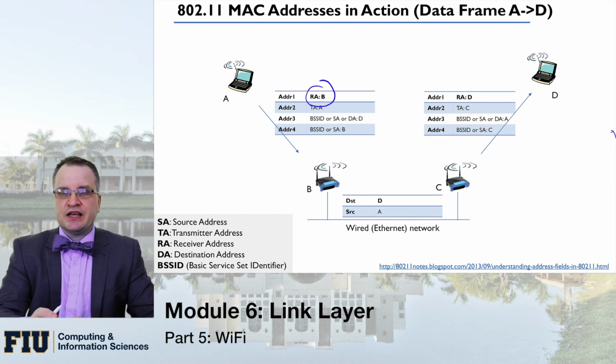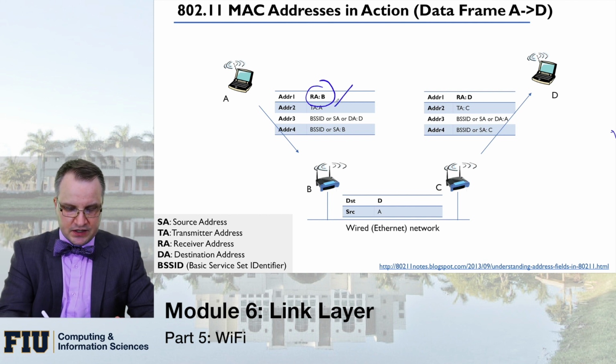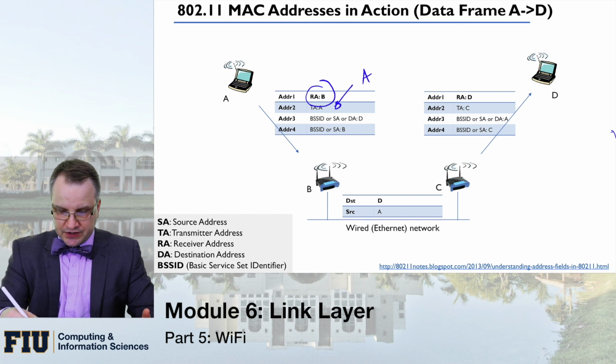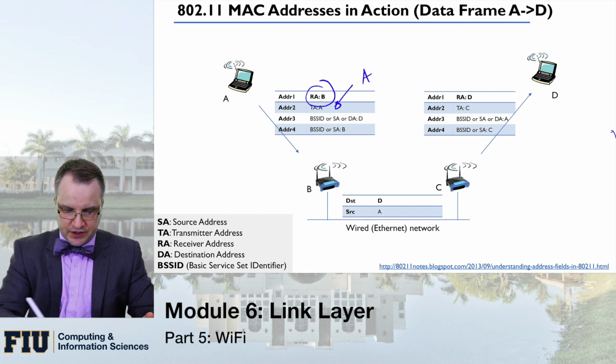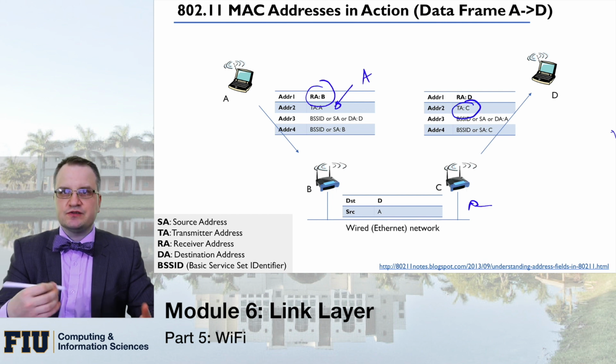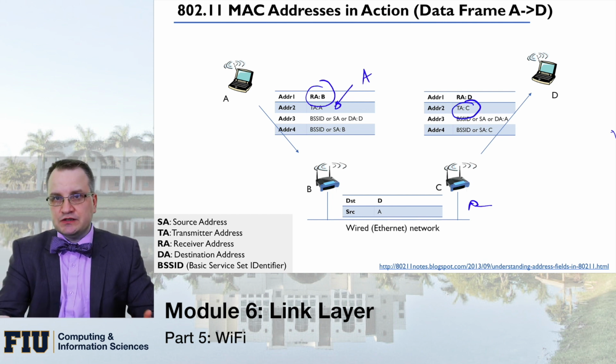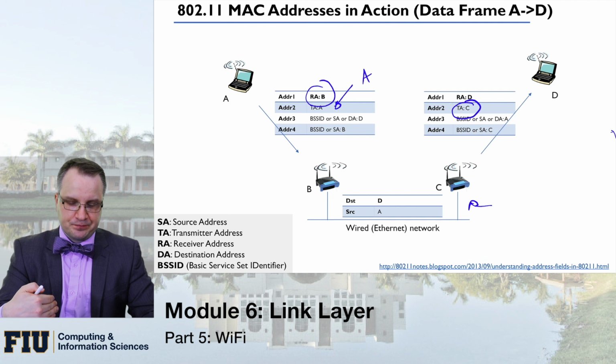Then for the transmitter address, in all cases, absolutely in all cases, it will be your own MAC address. So the station that is transmitting, this will be the MAC address of that station. So in this case, it's simply the MAC address of A. That's very simple. And as you can see in all other cases, for the frame on the C, we also see the transmitter address is C, because that station is transmitting.